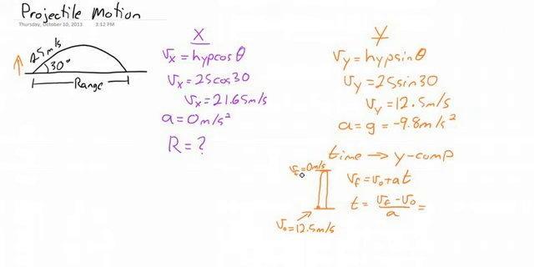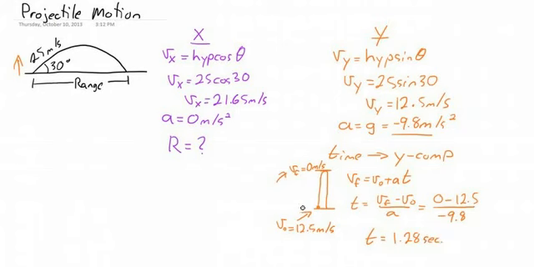When we plug in values, our final velocity is 0 meters per second, while our initial is 12.5, and our acceleration, as we noted before, is negative 9.8. These two negatives cancel out, giving us a positive time of 1.28 seconds.